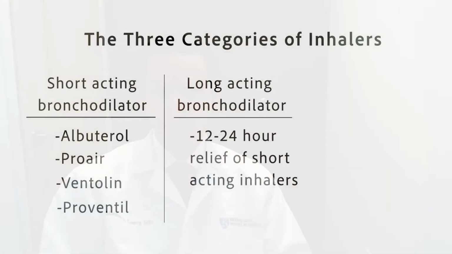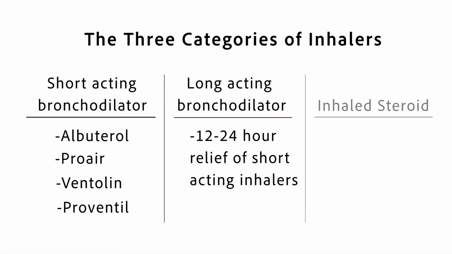And those medications tend to work and were designed for COPD patients, although we're starting to use them more often for asthmatic patients. And then finally, we have the inhaled steroids.